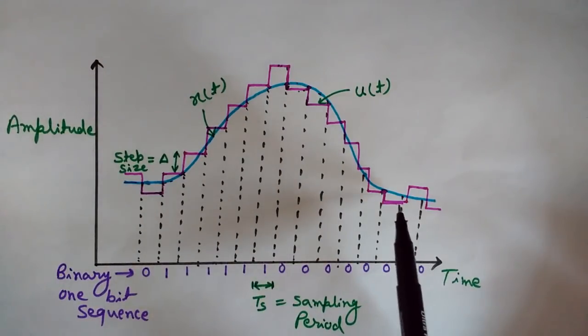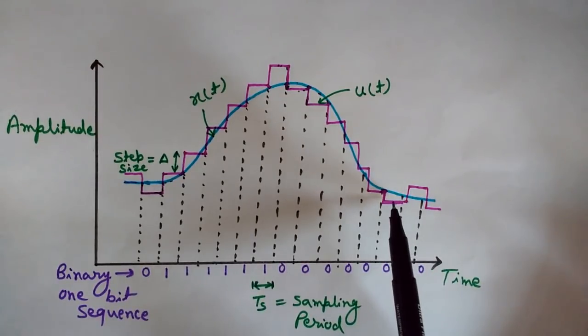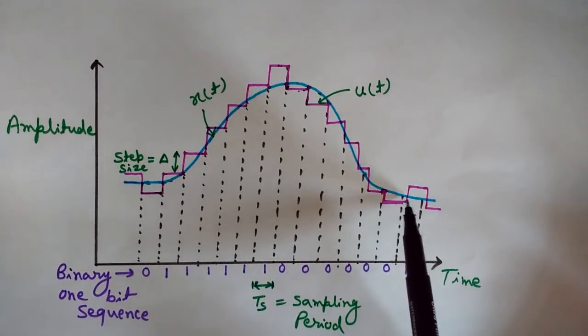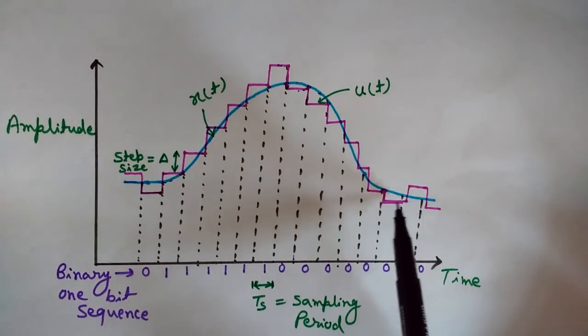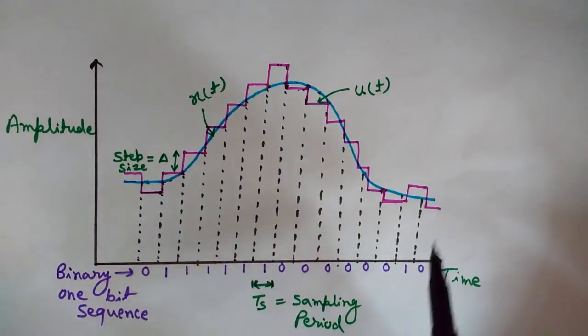But look at this point here, this is the signal, and here the last staircase approximation is lower. So in this case we increase the step size and 1 is transmitted. So hope you got the concept here.